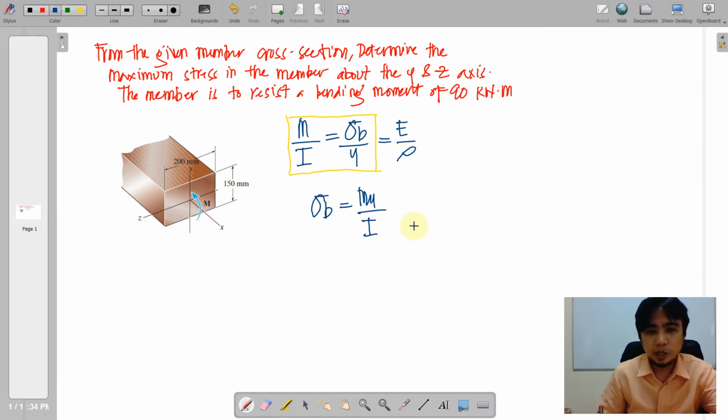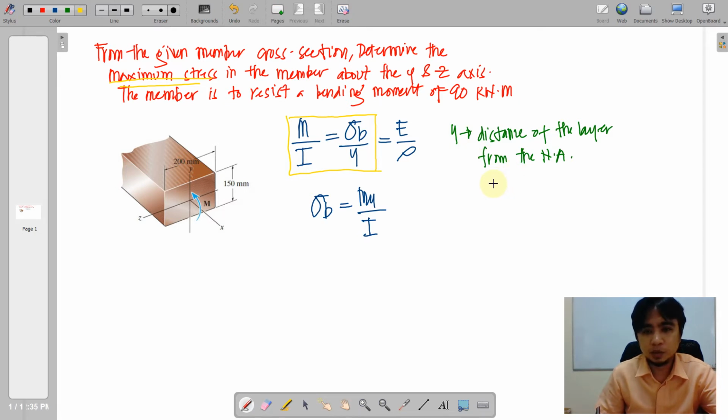We have sigma equals My over I. Please take note that y here is the distance of the layer from the neutral axis. We also note that the unknown here is the maximum stress, so we will be considering the greatest or the farthest distance of y from the neutral axis, and that farthest distance is what we call c.